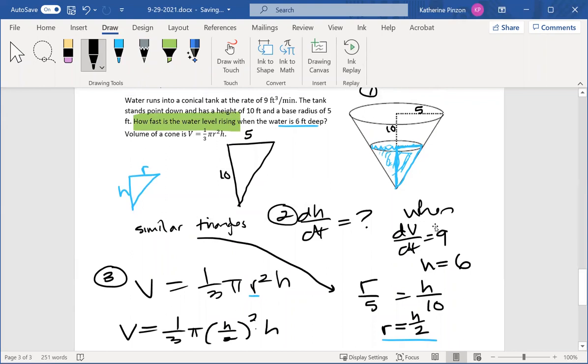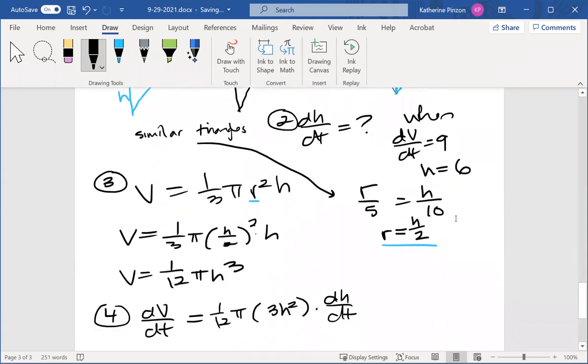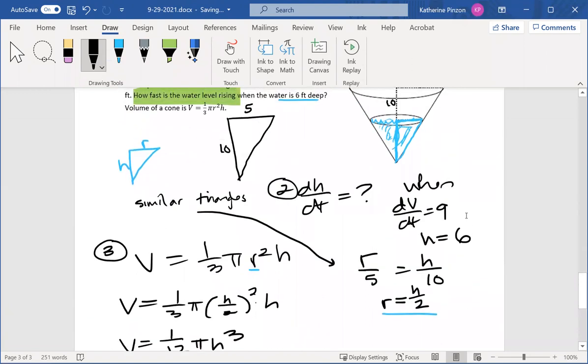What kind of number, positive or negative, should dh/dt be? Positive, because they're adding water to this tank, so the height of the water should be going up. You're going to see some problems where they're draining water or sand out of the bottom of the tank, and then the height should be going down. So pay careful attention to whether the amount is getting bigger or smaller.